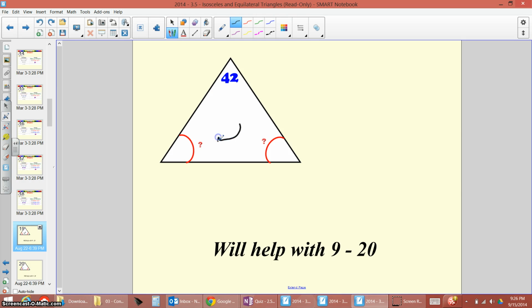There we go. Isn't working so good, is it? Oh, I'll figure this out eventually, I promise. So if I have 42 here, it just won't ever pick up the pen. Try and flip this around. Okay, so now it's in tablet mode. Sweet. So that means that this angle has to be the same as this angle.